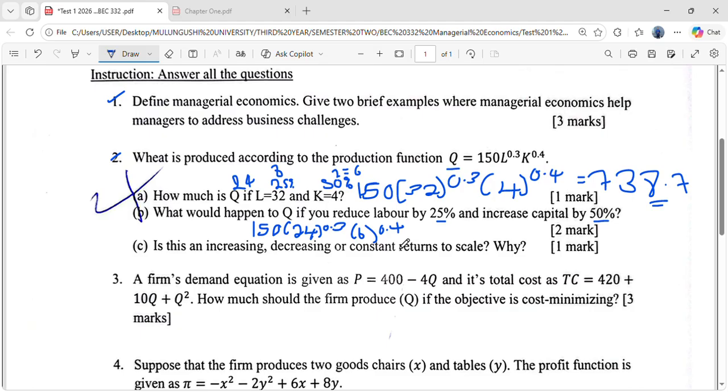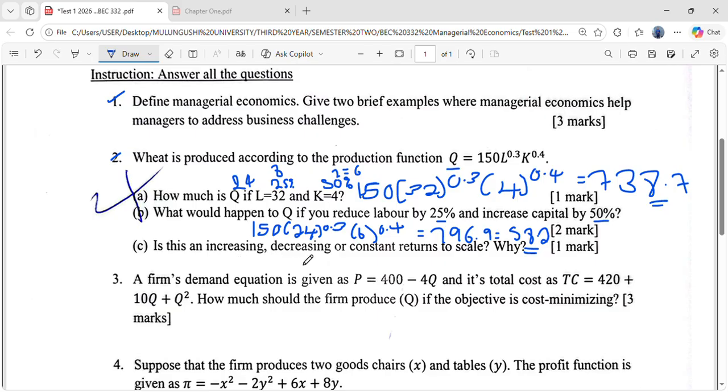You get the value to be 796.9. Remember, the question says what would happen to Q. So if we check the production, it increased. That's what would happen to Q. We can also give the margin, the percentage by which Q has increased, which is basically 58.2. So this is the margin by which the production has increased.